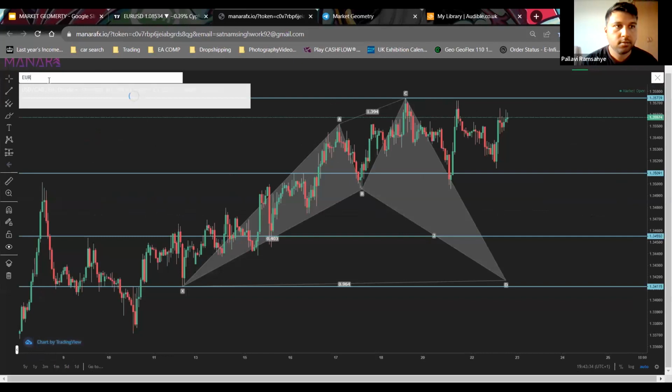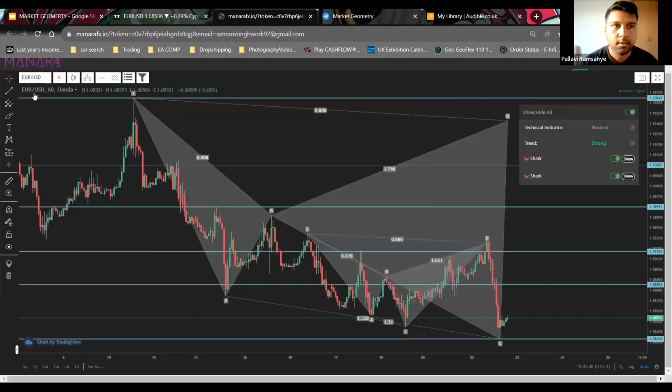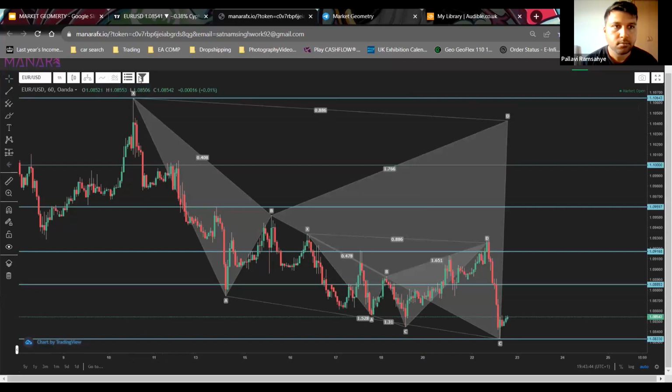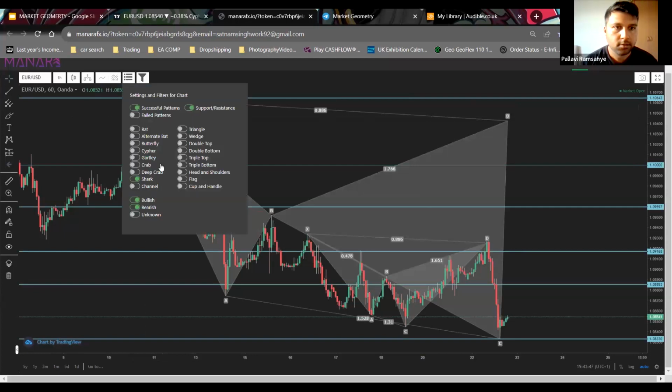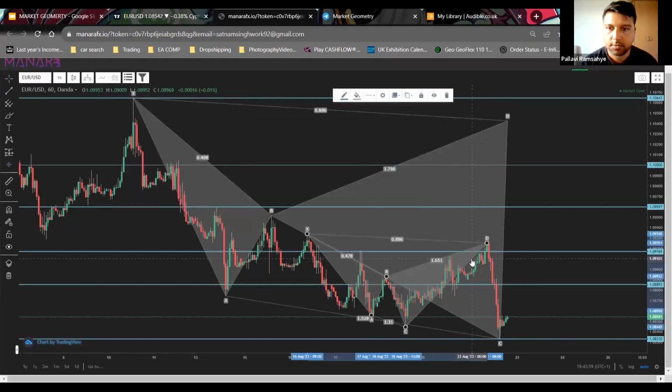Let's find the shark pattern. It's already done. It's a bearish. Let's delete this one because this one we're not using.